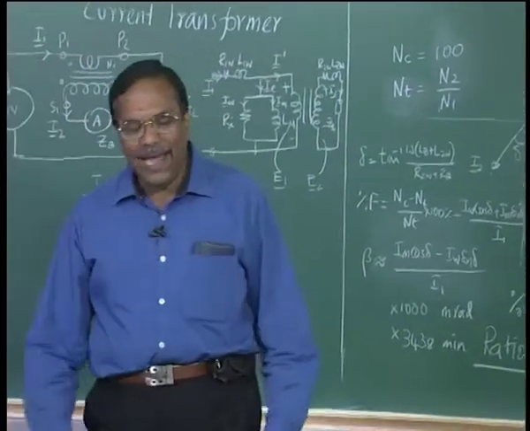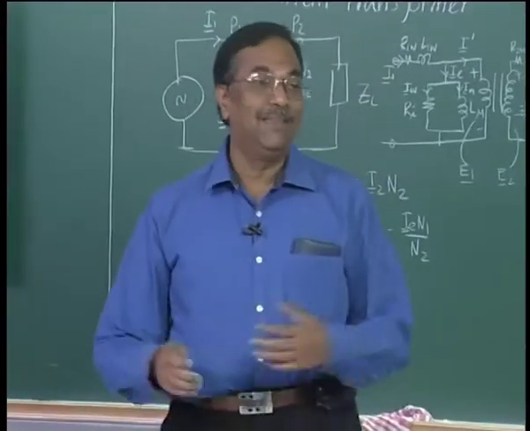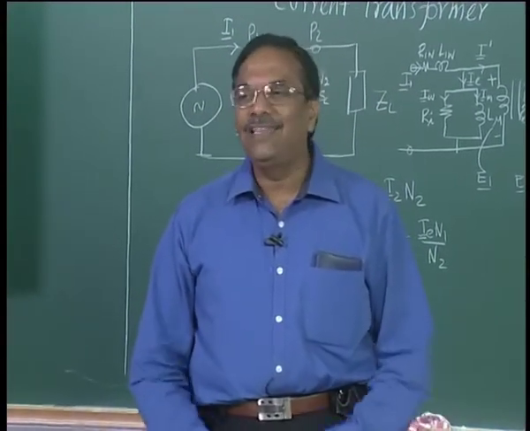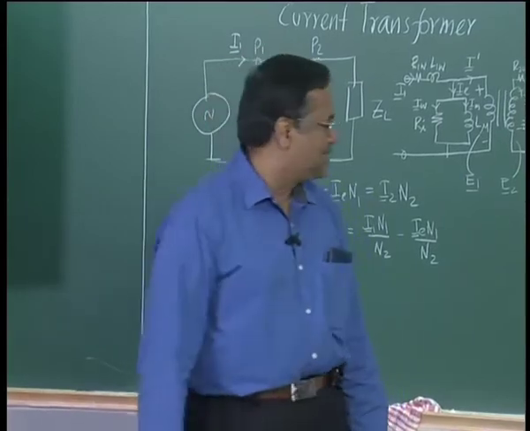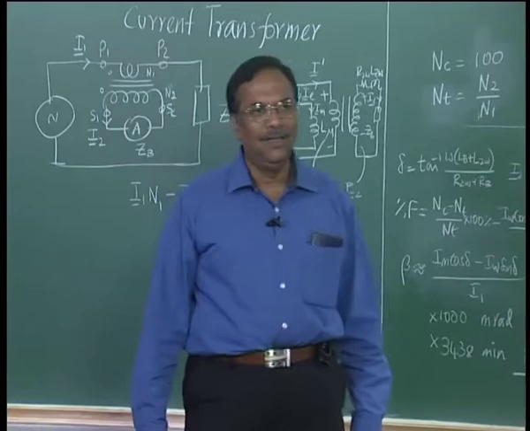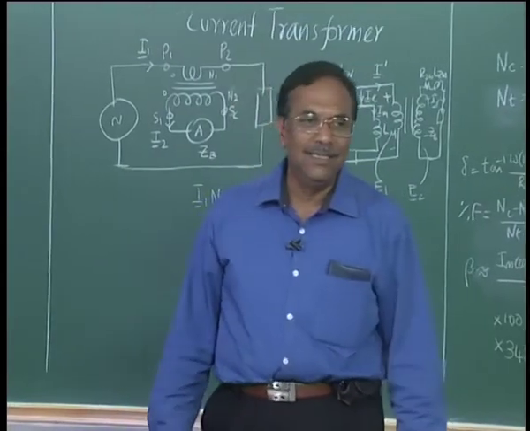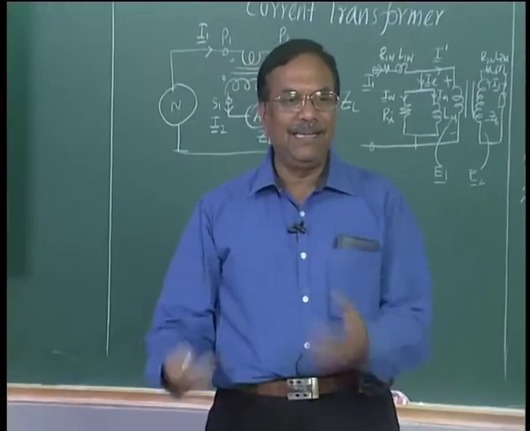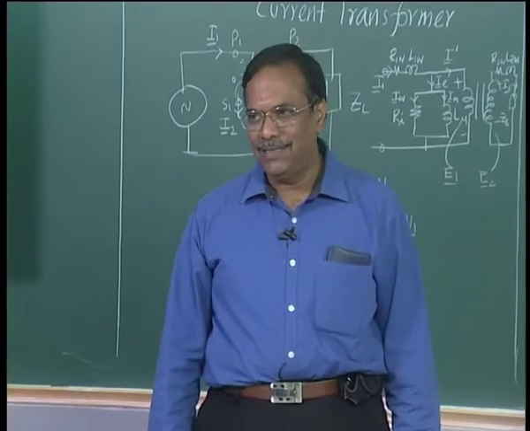So now a current transformer has two errors, right. One is called the ratio error, which is expressed as a percentage, it is the error in the magnitude of the transformed secondary current relative to the expected transformed secondary current.